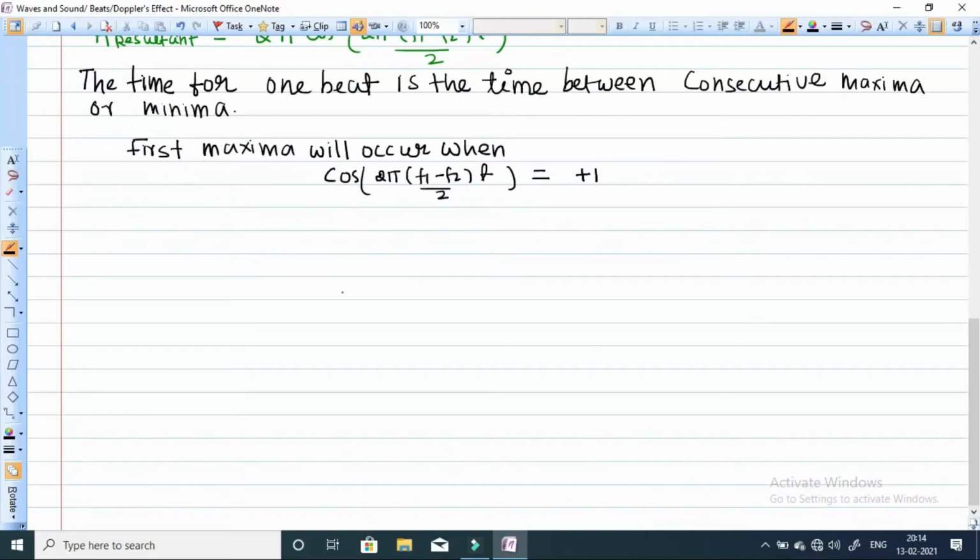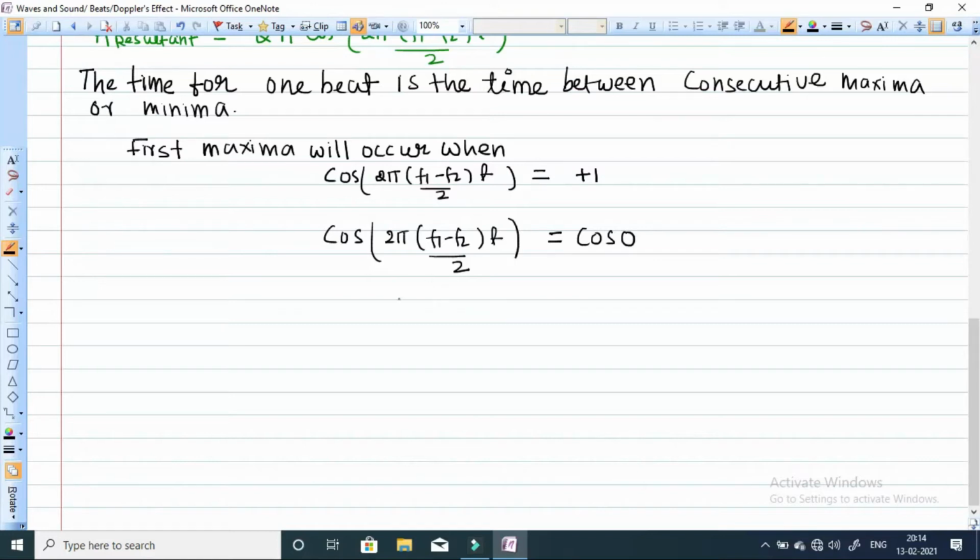Now after solving this equation, we get the maximum value of cos at cos 0. So cos of 2 pi (f1 minus f2) into t divided by 2 will be equal to cos of 0, because cos of 0 is equal to 1.